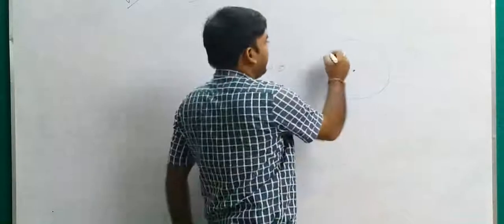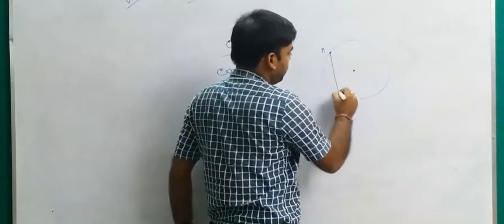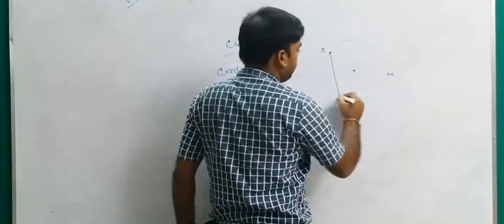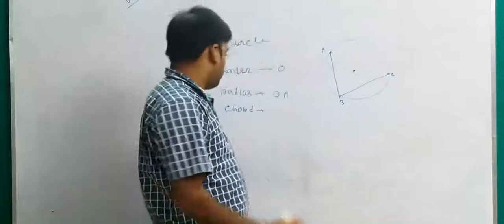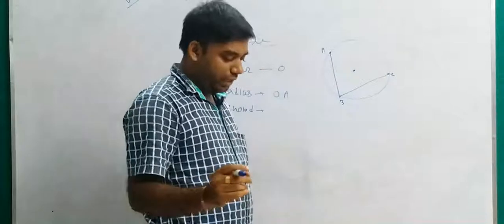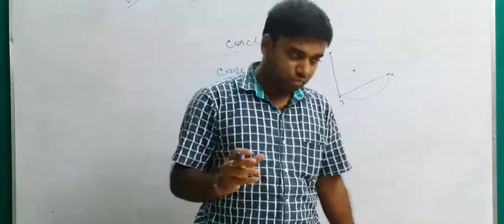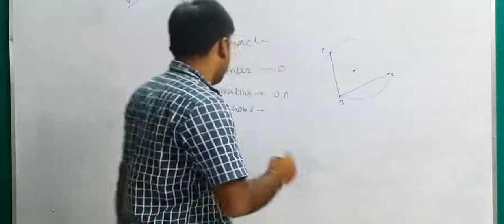Let us take a point A and a point B, that is a chord. Another point C, BC is also a chord. A chord is the line segment joining any two points on the circumference.